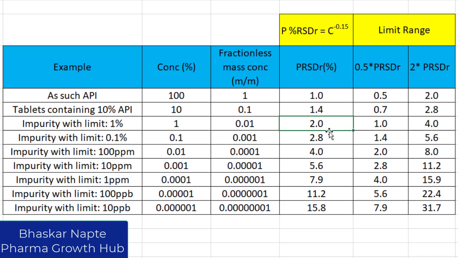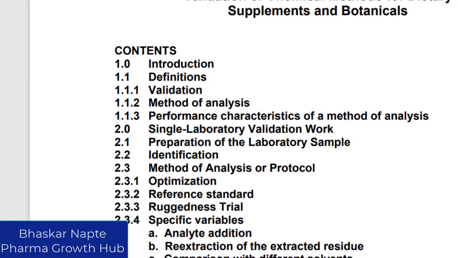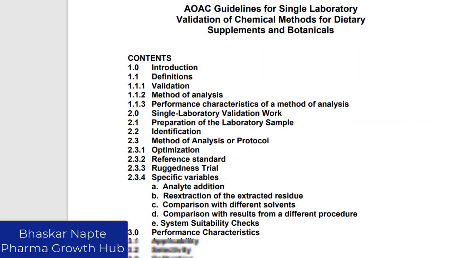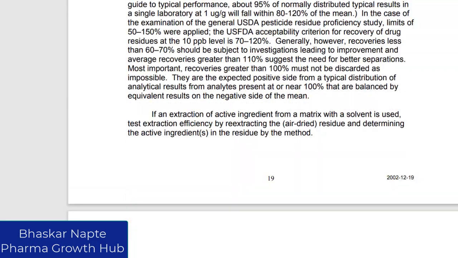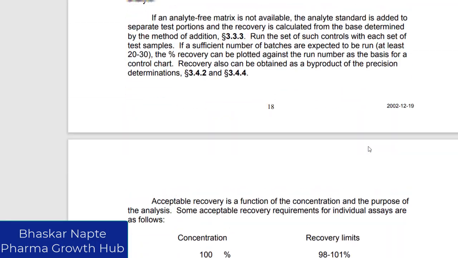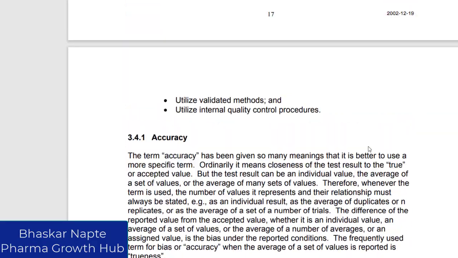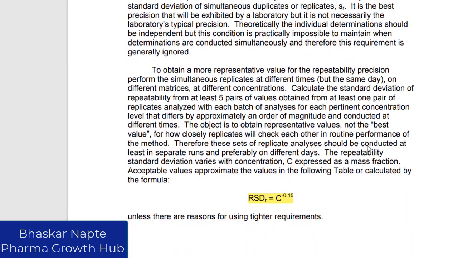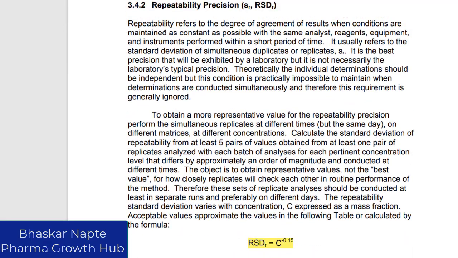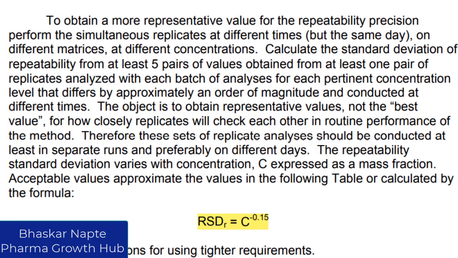Let me show you where this calculation formula has been taken, and for that reason I need to bring the AOAC validation guideline. So let me go to the relevant page. Yes, I think we are on the relevant page now. The point number 3.4.2, repeatability precision, and this is the calculation formula, which is just highlighted with the yellow color.